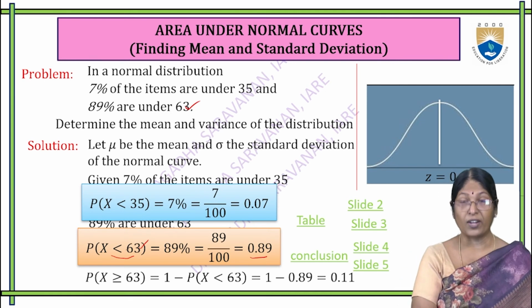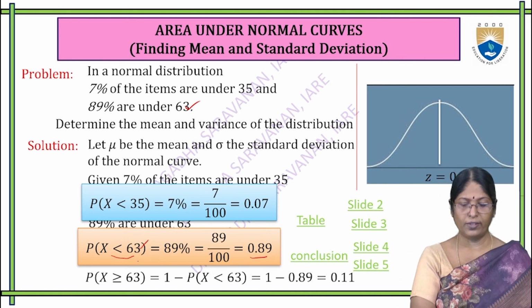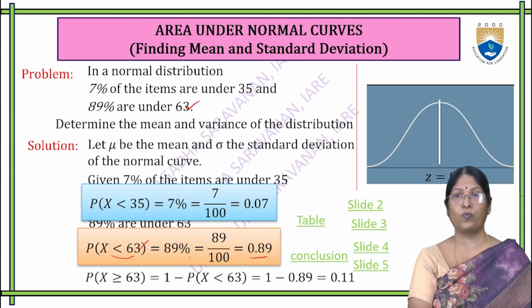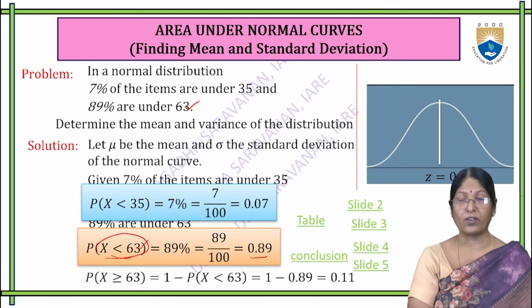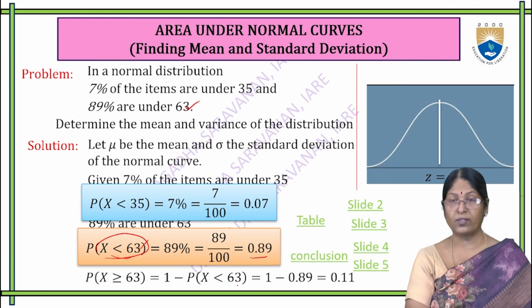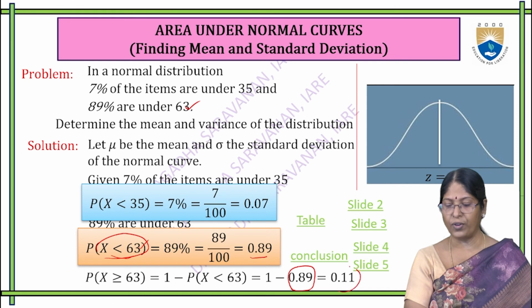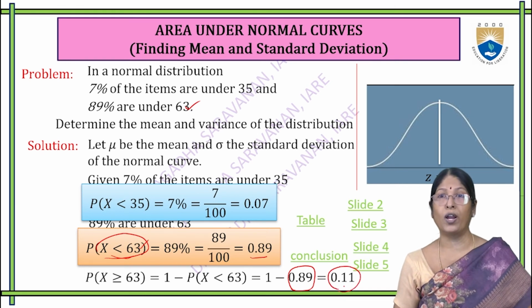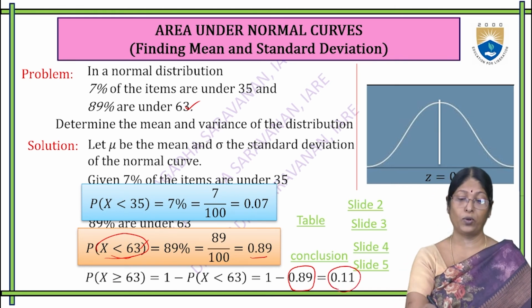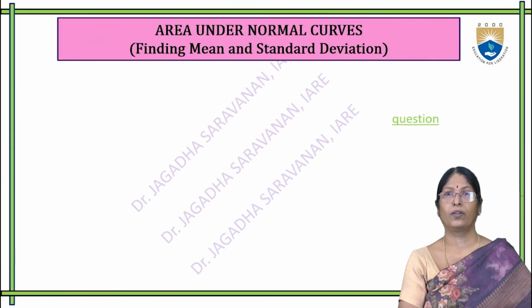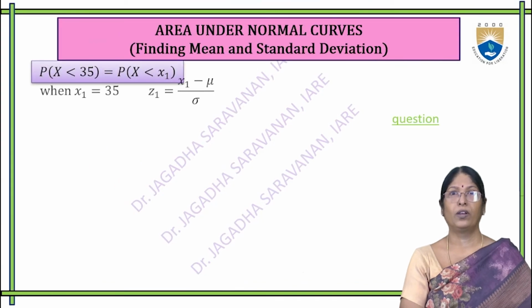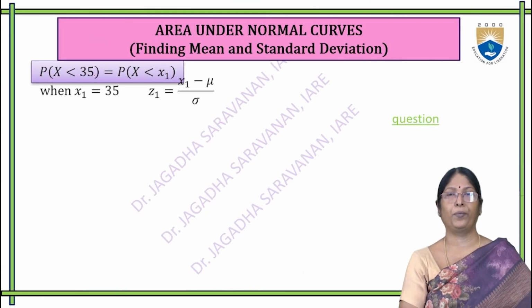Then we change less than 63: the total is 1, we subtract. X is less than 63 becomes 1 minus 0.89, and we get 0.11. That is the reason I told you this is a problem which gives a complete concept.